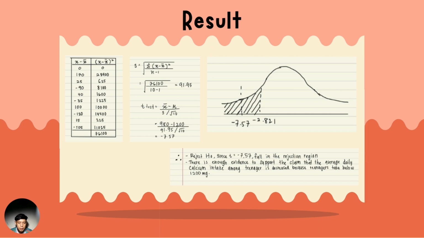So we will plot our result in the graph that Aiman drew. The plot is inside the region. So we will reject the H naught since t equal negative 7.57 falls in the rejection region.